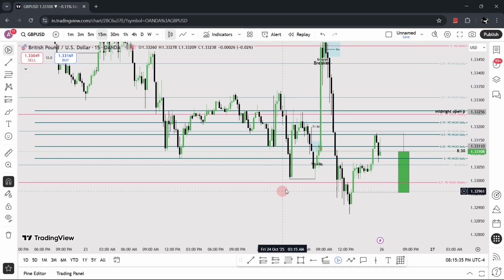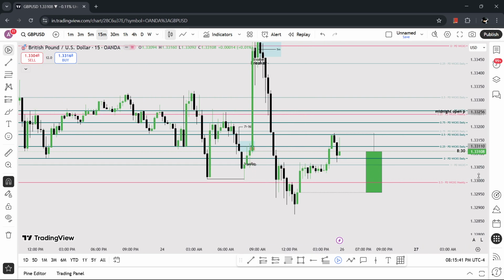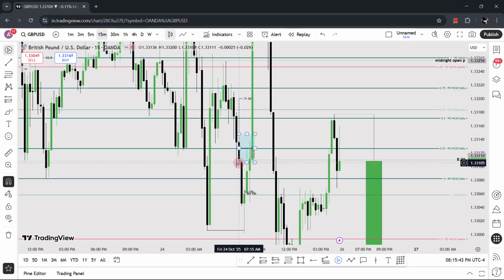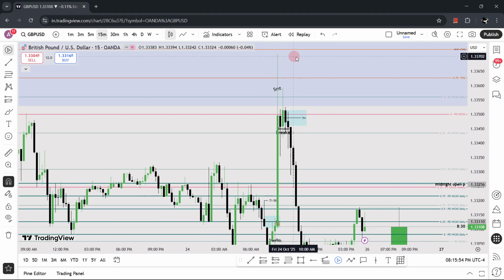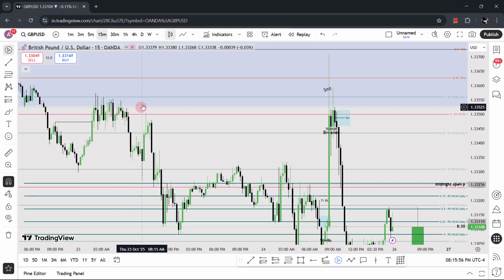Okay, so taken out this low. You have 15-minute gaps filled. That's your 8:30 open. The news came, rallied up, taken that buy side there, and just mark it.